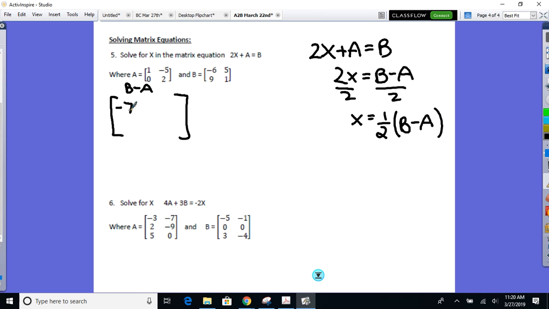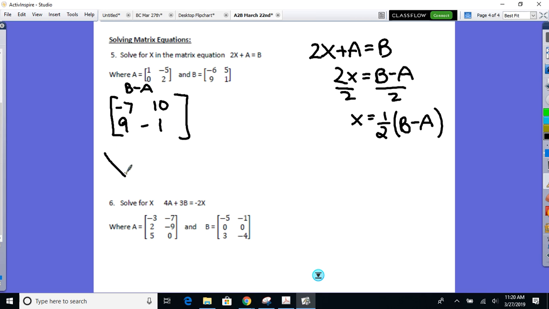Row 1, column 2. What do I have there? 5 minus a -5, so 5 plus 5. We got a 10 spot. 9 minus 0. And 1 minus 2. And I still have to multiply that by 1/2.